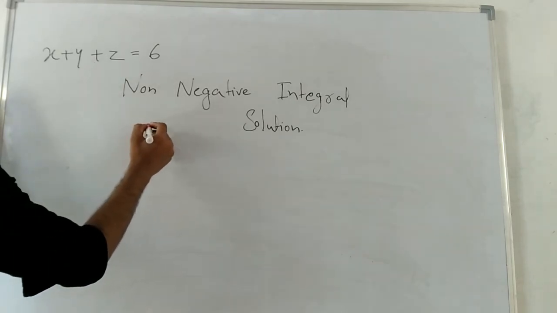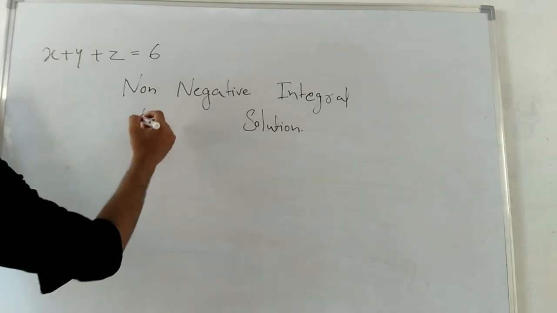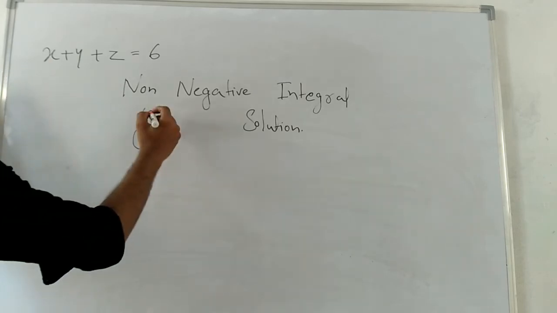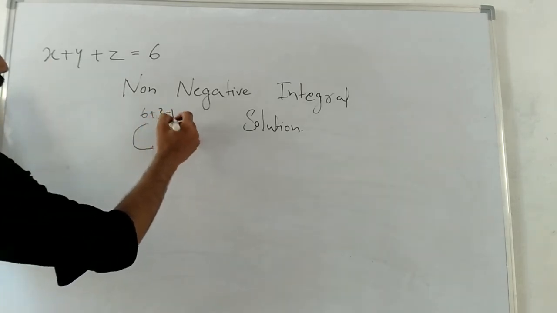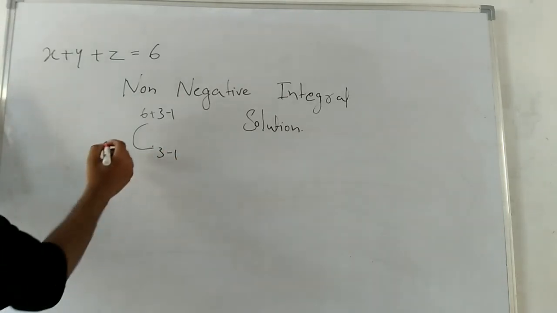So we will take a combination C. We have total 6 summation C, summation 6. We will add 3 elements and subtract 1, and 3 minus 1 we will write here.